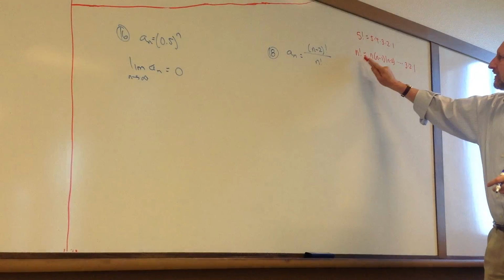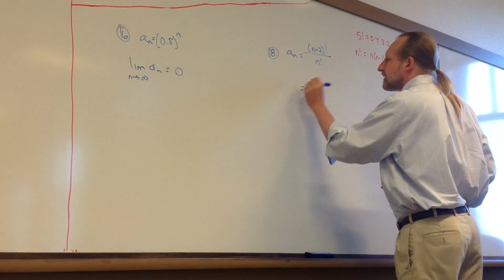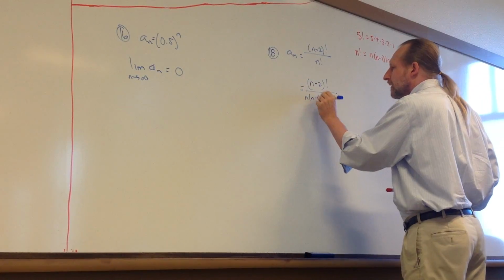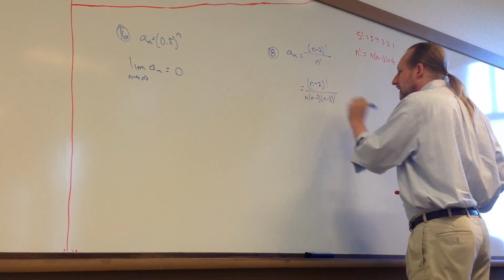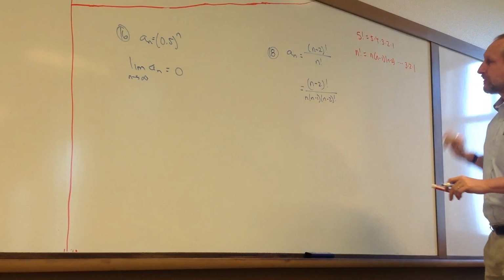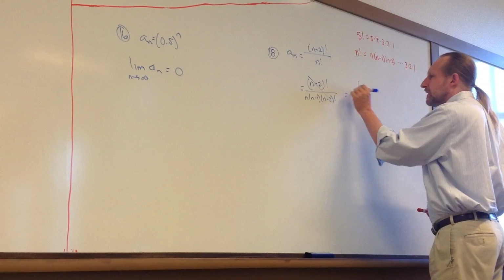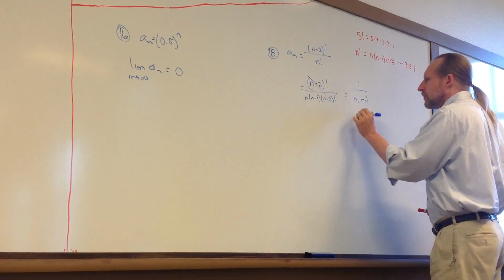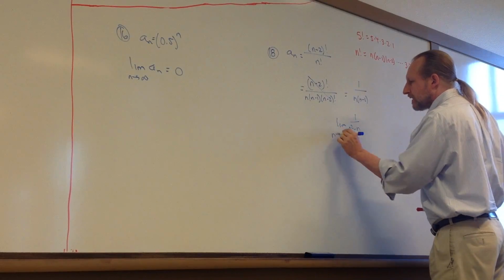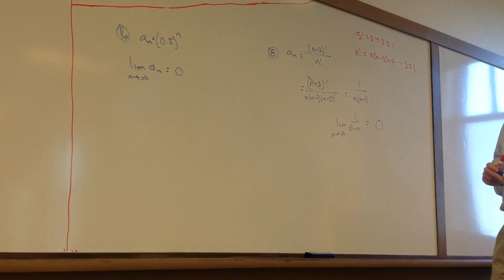So we can rewrite this as n minus 2 factorial over n times n minus 1 times n minus 2 factorial. That'll cover all the rest of these, and it's going to cancel with what's in the numerator. So this is actually equivalent to 1 over n squared minus n. And if we take the limit of that as n goes to infinity, that will go to 0.